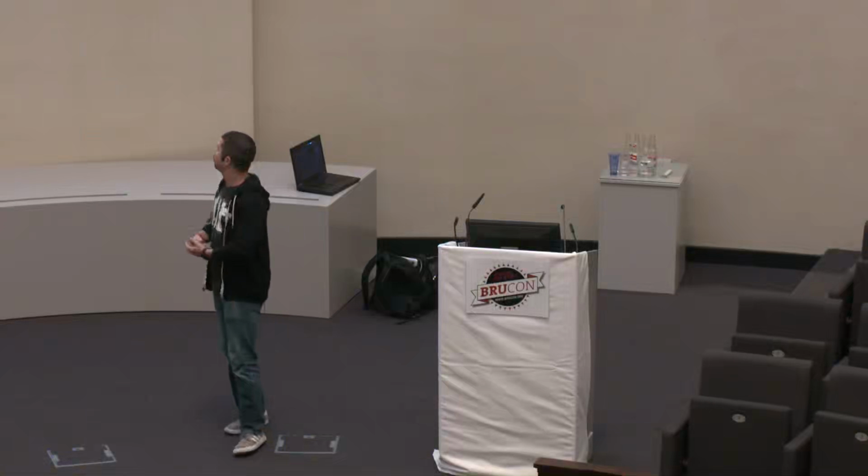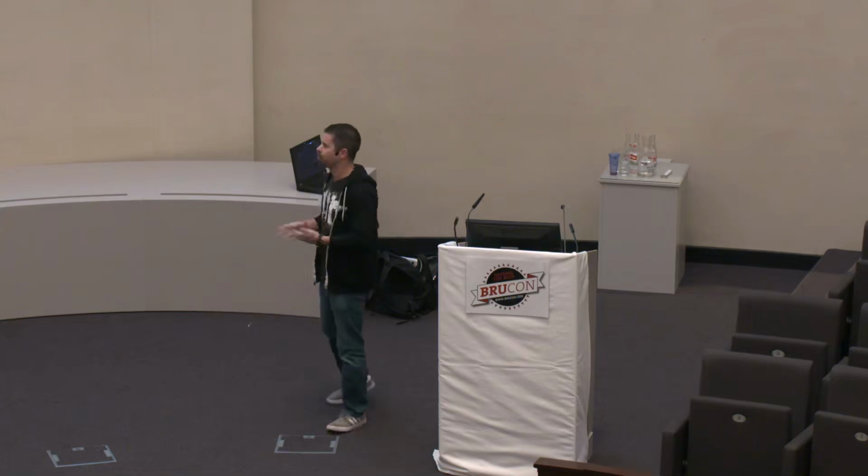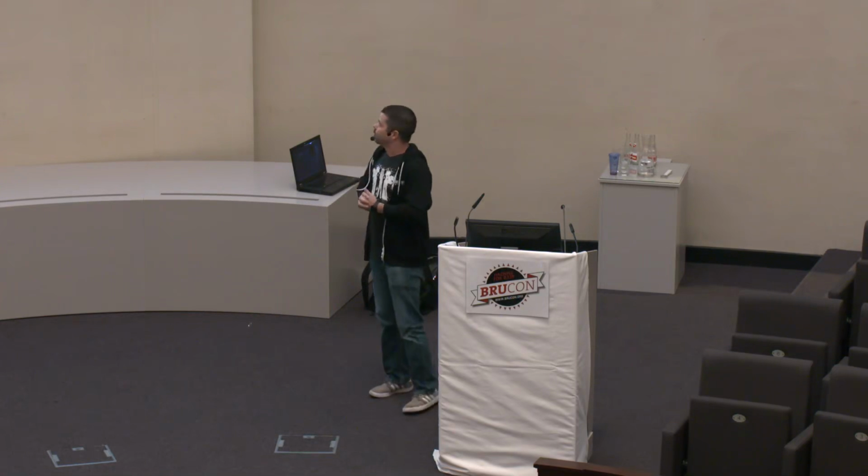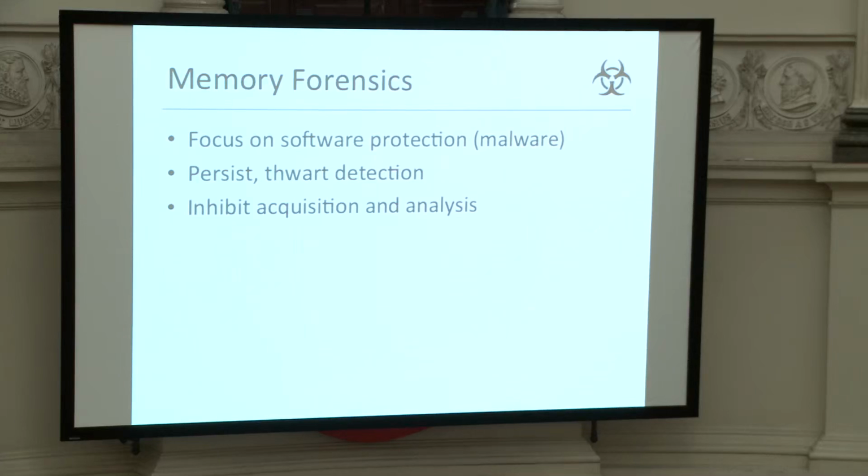To do that, we employ different techniques to keep ourselves hidden or prevent analysis: anti-forensics. From the thought of being a malware author or a red team operator, you're trying to invoke software protection techniques to protect your malware.